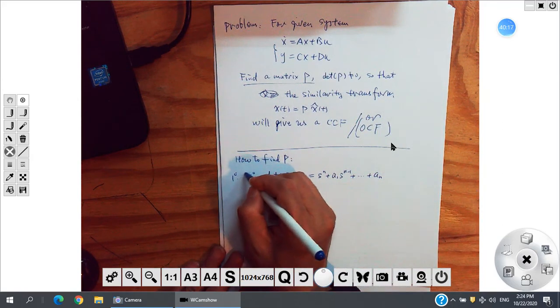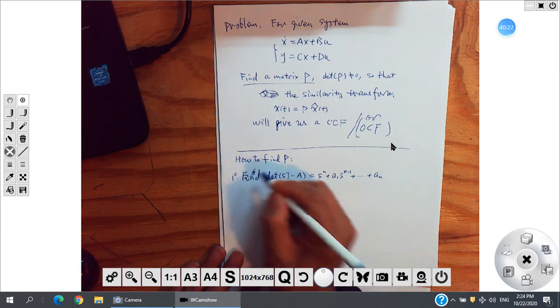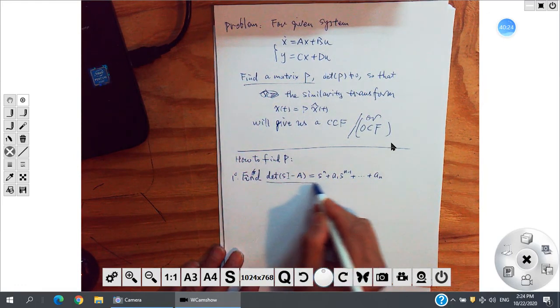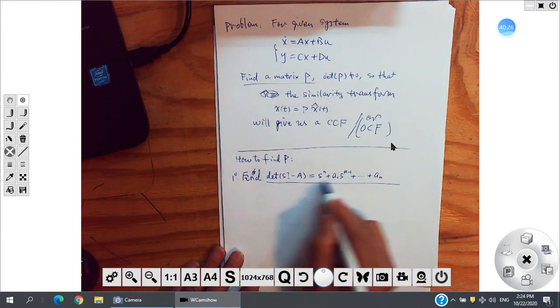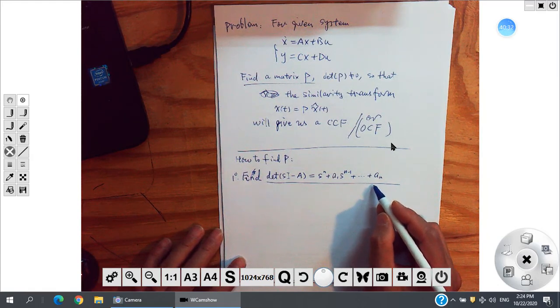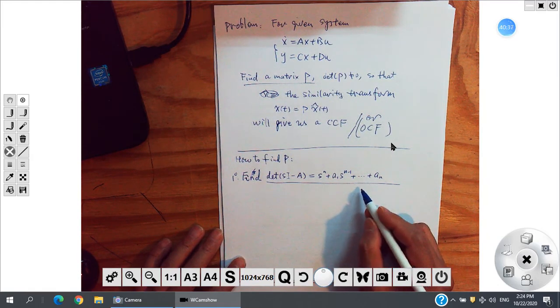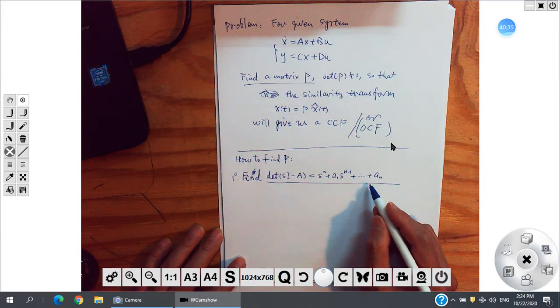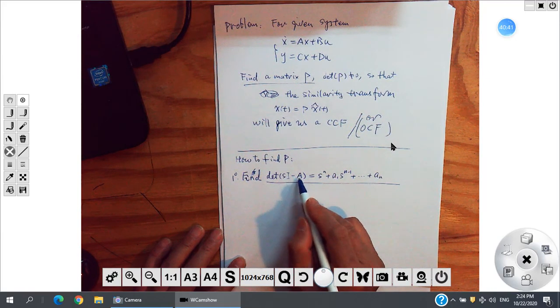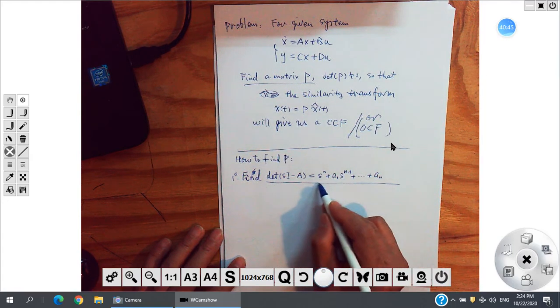Find this. If A is given, you can do the calculation. Actually, this is the denominator of the transfer function. It is also called the characteristic equation of the matrix A. So we find this polynomial here.